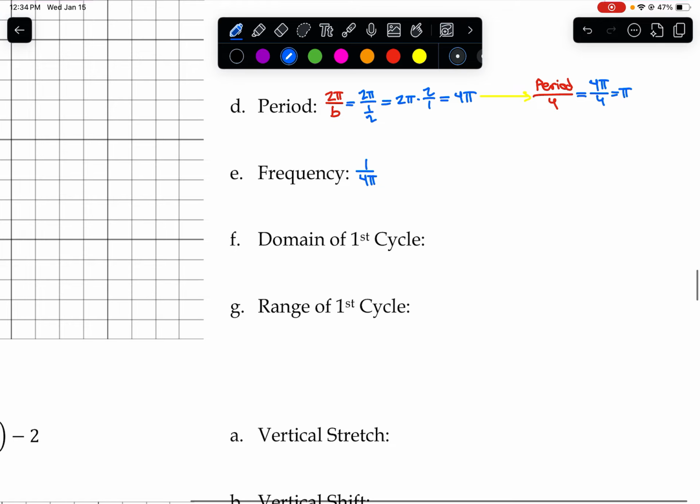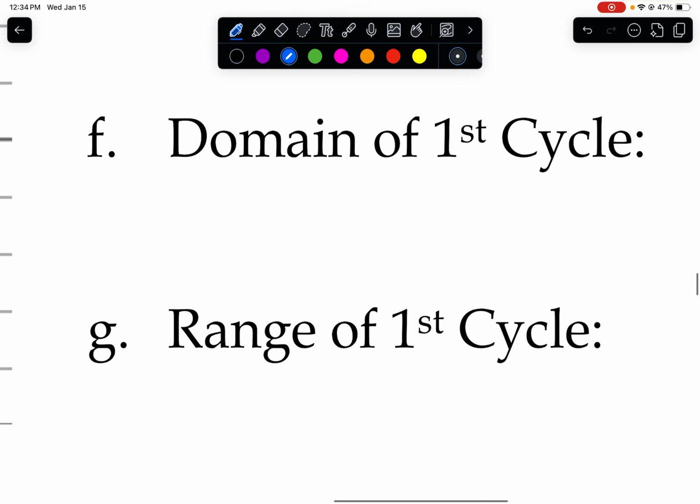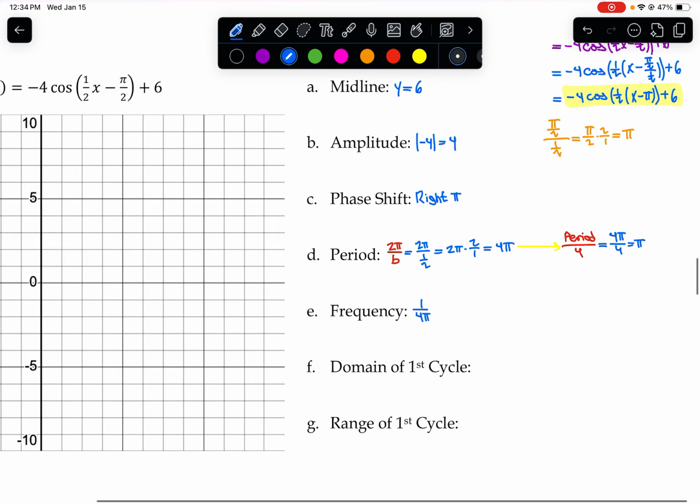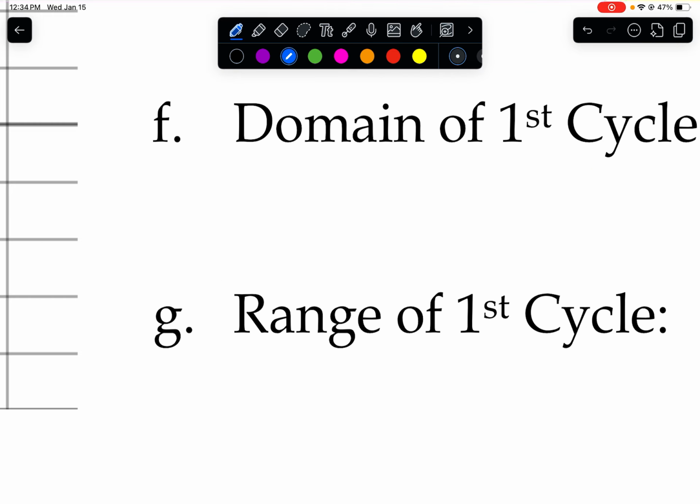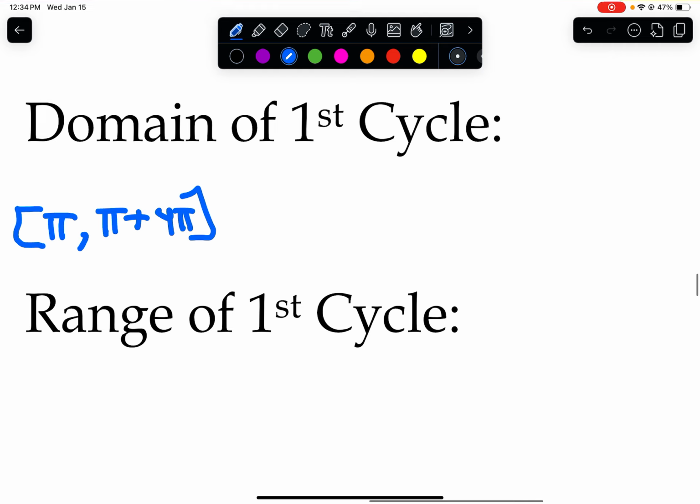And then the domain and range of the first cycle, so let's go ahead and do your phase shift, which is going to be pi, then plus the period. So the phase shift, and then the phase shift plus the period. So what that means is that the domain of that first cycle will be pi, comma, 5 pi.